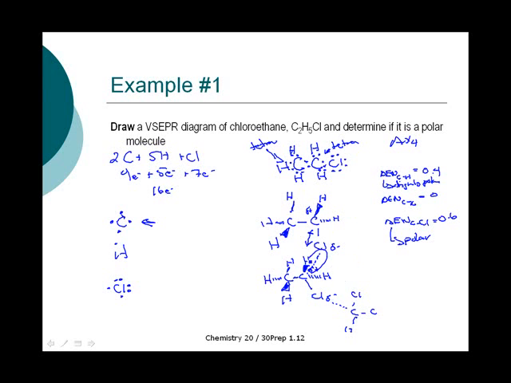It's the force of attraction between two different molecules.